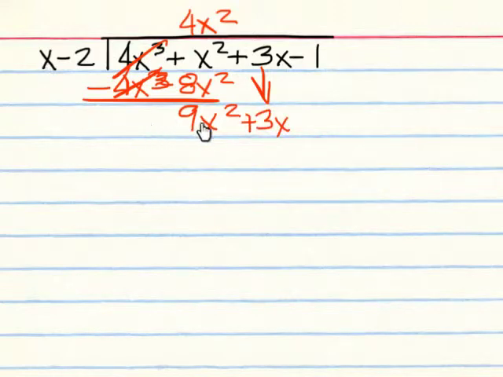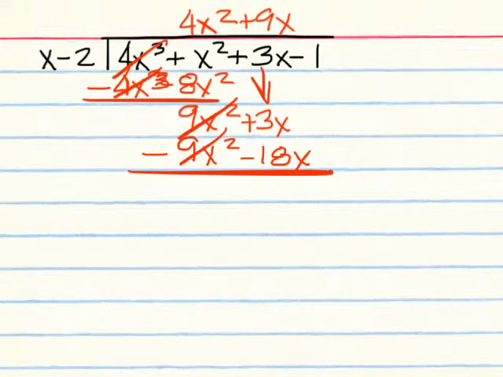So now x times something should give me this, and that's going to be 9x. So put 9x here and do the multiplication of this by both of these to come up with 9x squared minus 18x. Subtract, and you'll end up with a 21x there.